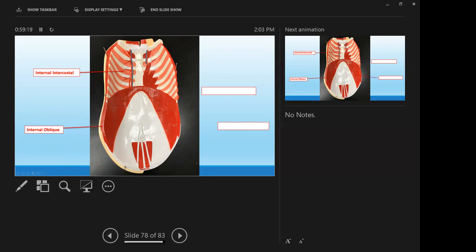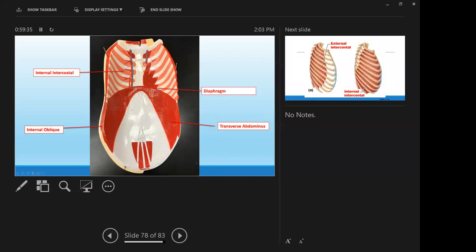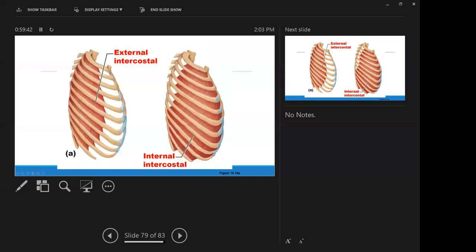There's the internal intercostals. They run away from the sternum, whereas the externals run towards the sternum. There's the transverse abdominis, and now this large muscle that runs across the edge here is the diaphragm. It's not this area down here. It just shows up as the edge of this muscle.